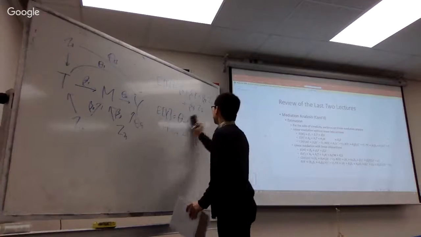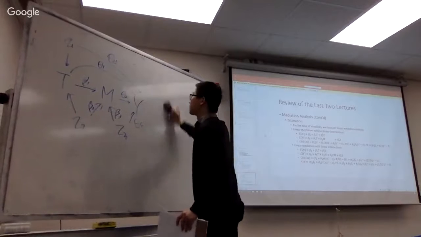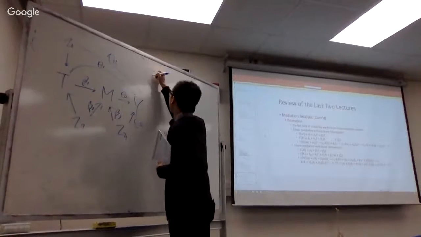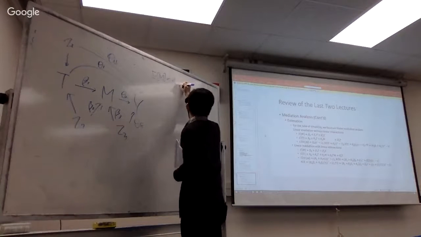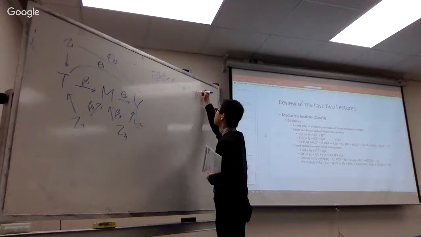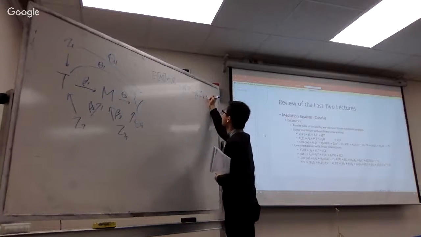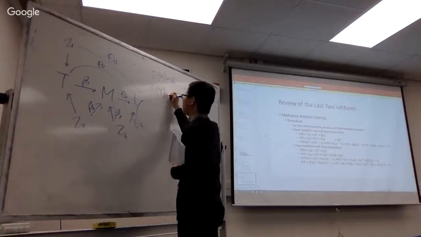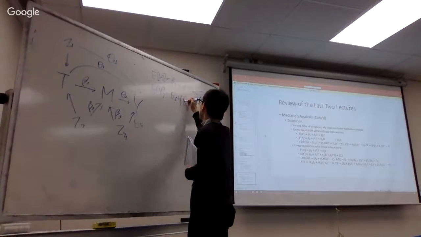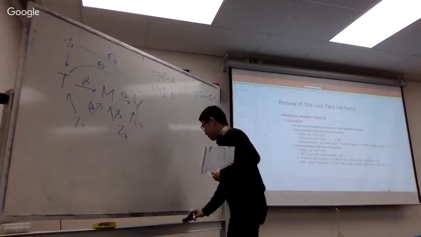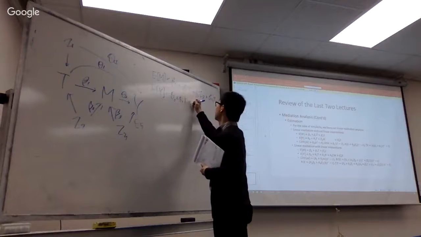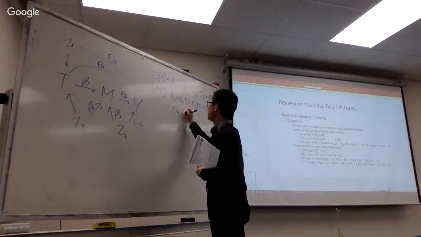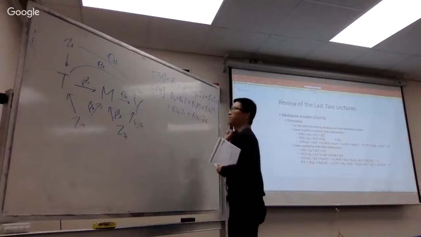So now, let's think of a situation where there's an interaction between T and M. Still the same, but theta 0, theta 1 T, theta 2 M, theta 3 TM, theta 4 Z1, and theta 5 Z3.